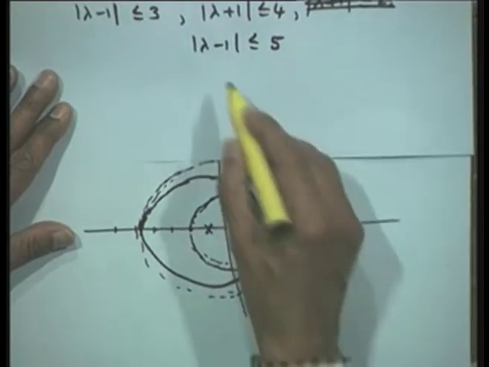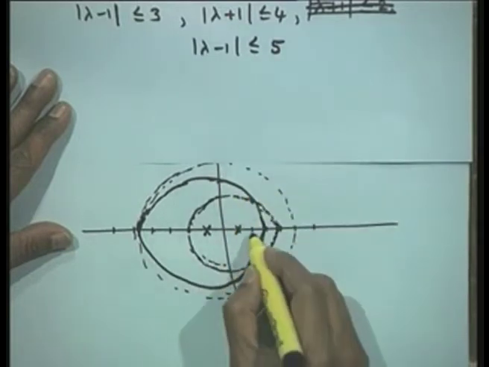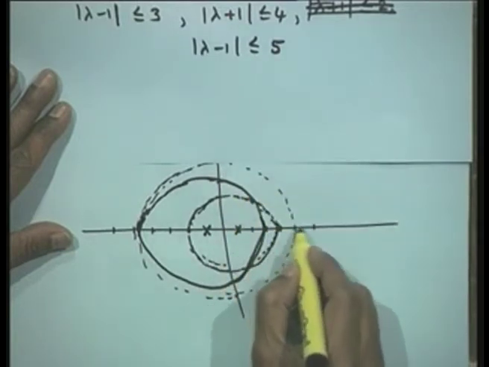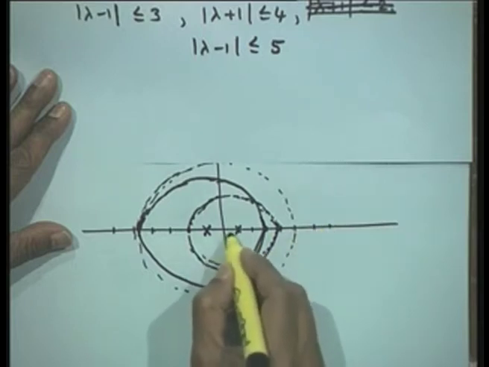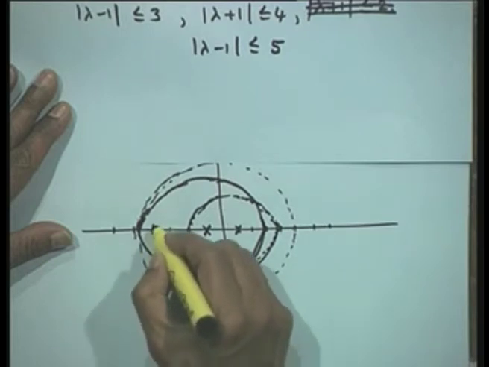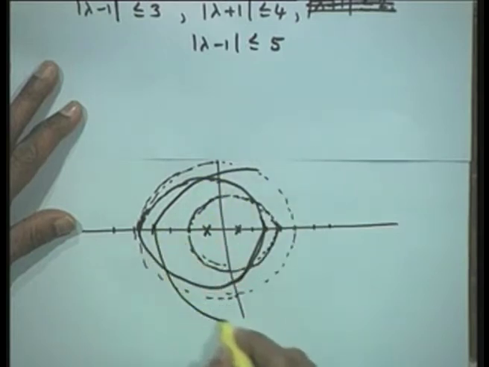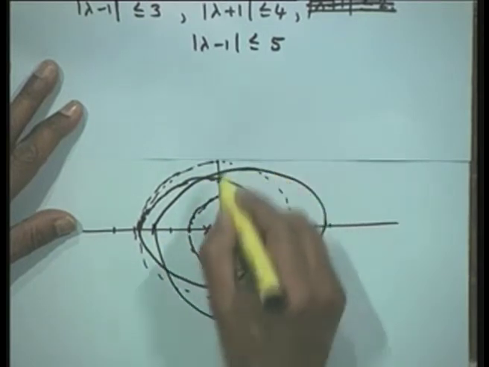And finally, center at 1, radius 5. So, this is 6 and through this. So, this is a huge circle that comes like this.